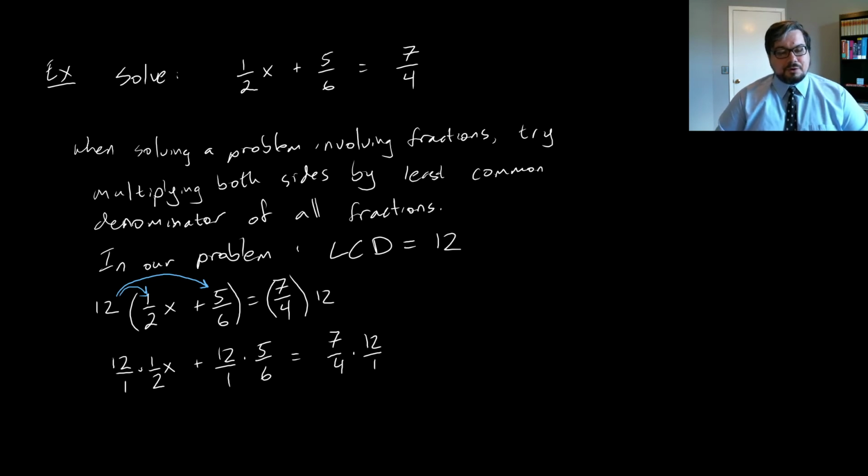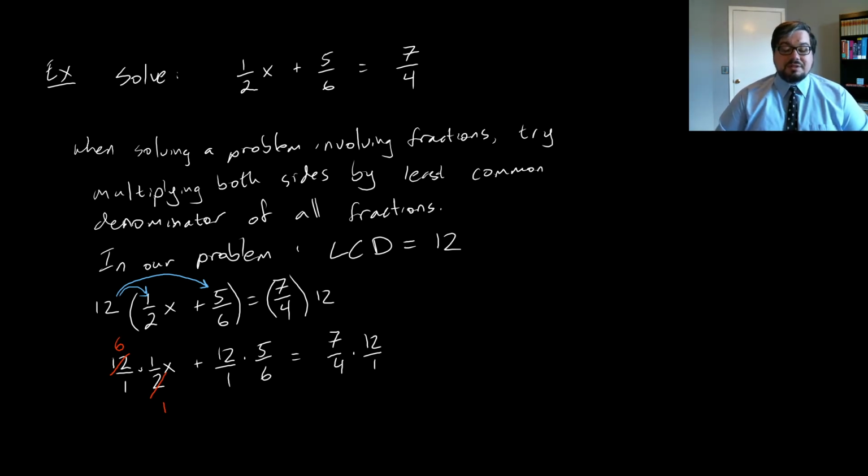So in the first term, for example, we've got 12 over 1 times 1 over 2. Well, 12 and 2 have a common factor of 2, meaning that we can reduce them, we can cancel them before we even multiply. So 12 over 1 times 1 over 2 is the same as 6 over 1 times 1 over 1. We were able to cancel out the numerator and denominator of the two different fractions.